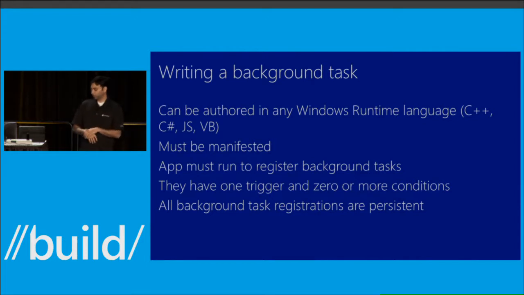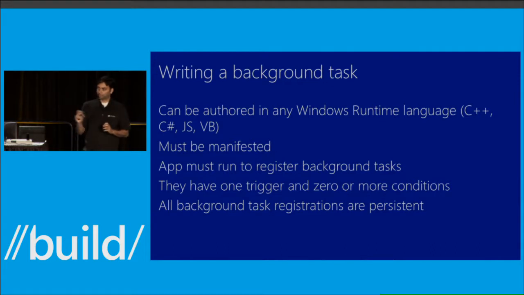An example of a background task with a condition is, I have an app that wants to do some work when the user is away, but there should be internet available, because I'm going to go download some content. So in that case, I would use a trigger, maybe a time trigger that says run every 1 hour, but I want to make sure the user is not there and I want the internet to be available.